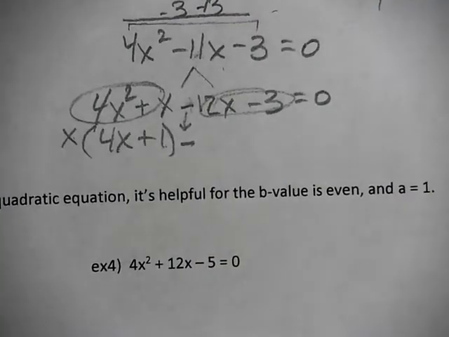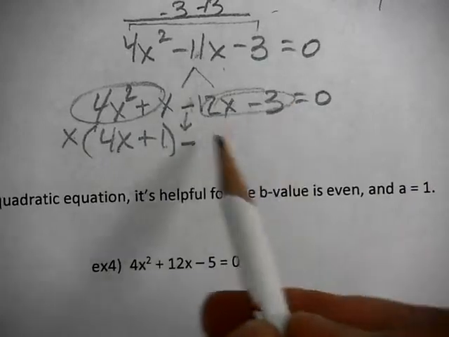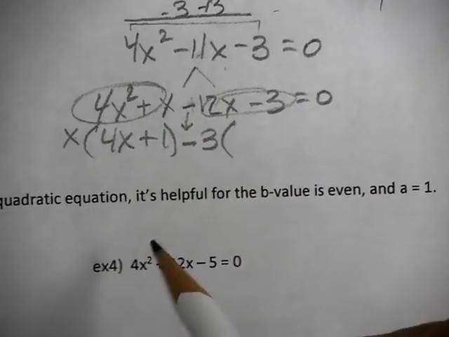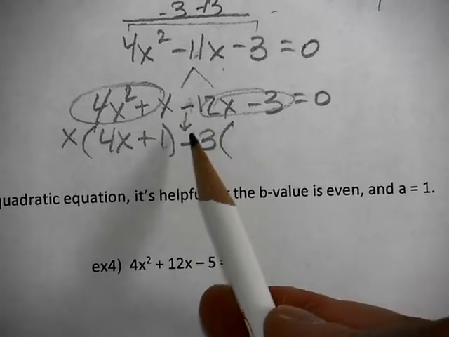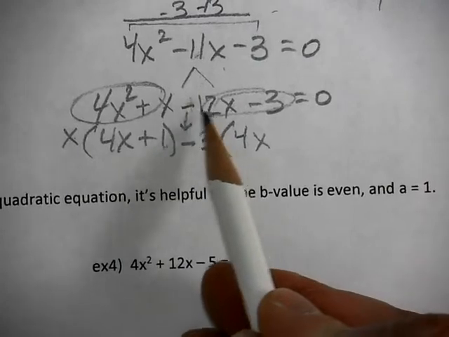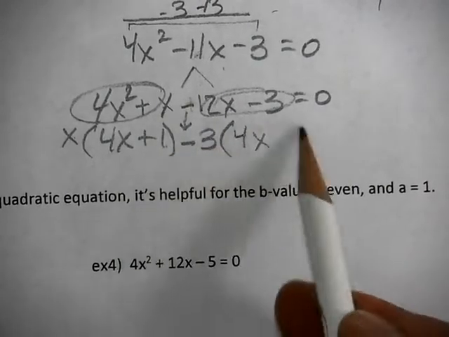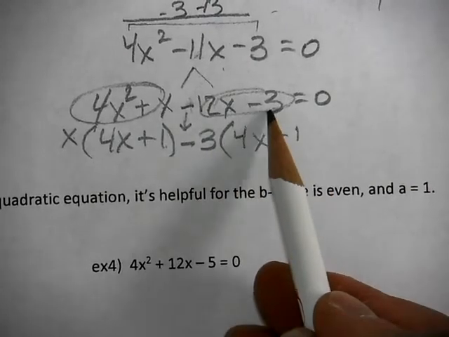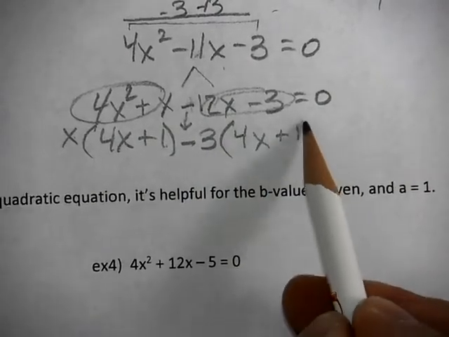Bring down your sign. What can you factor out of the next group? You can factor out a 3. So negative 3 times 4x makes that negative 12x, and negative 3 times a positive 1 makes negative 3.